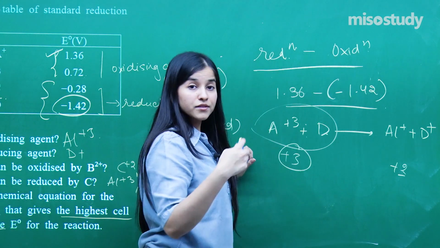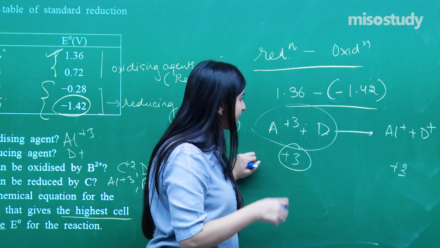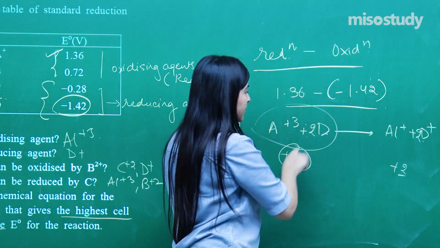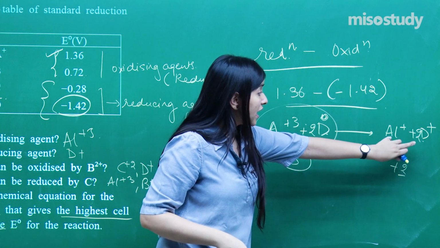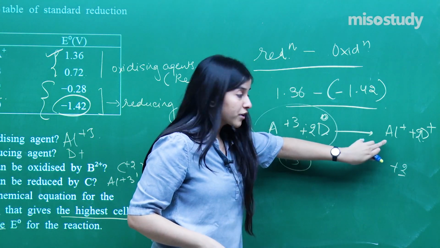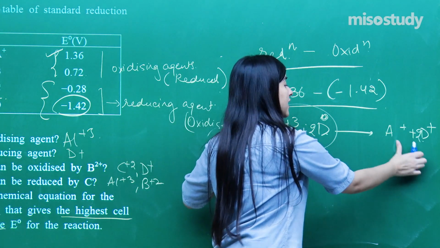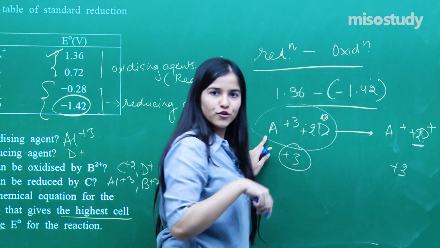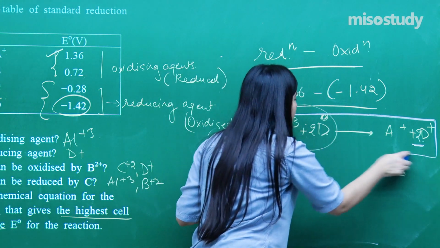How can I make one more charge extra on this particular side? By making this D as 2, right? Done. So it won't affect, because here D is itself 0. I will not have taken this as 2, because then I'll have to make this A also 2 and it would have increased the charge. So that is why I've put 2 in front of this particular D. Clear? And that is what the entire reaction is.